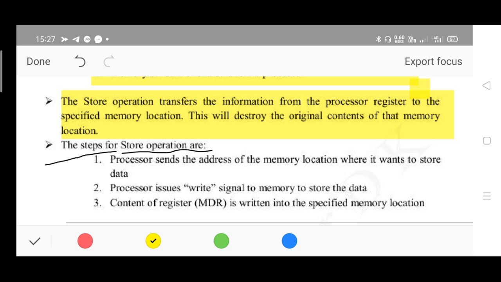I clearly told you the different types of registers available in the processor. MDR is one among them. So the contents of register MDR are written onto the specified memory location. So these are the three important steps it follows to perform the write operation. Very important thing: load operation and store operation steps.